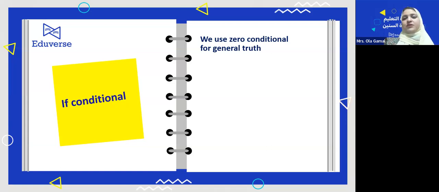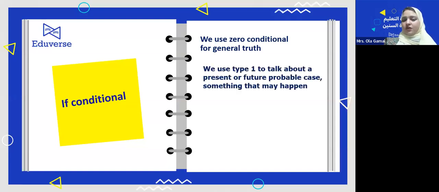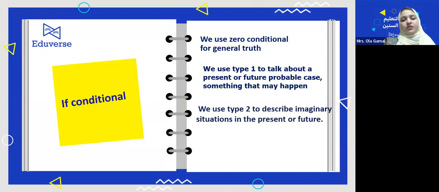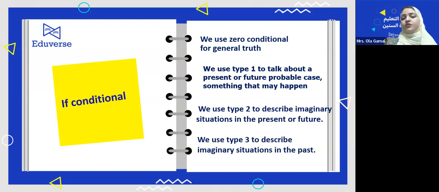So zero conditional, present simple and present simple in both sentences. So we use it to talk about truths and facts. For type 1, we use it to talk about present or future probable cases, something that may happen. And for type 2, we use it to describe imaginary situations in the present or future. And the third conditional, we use it to describe imaginary situations as well, but in the past.